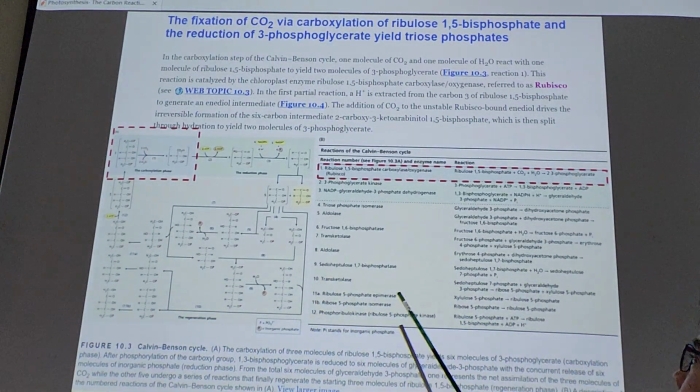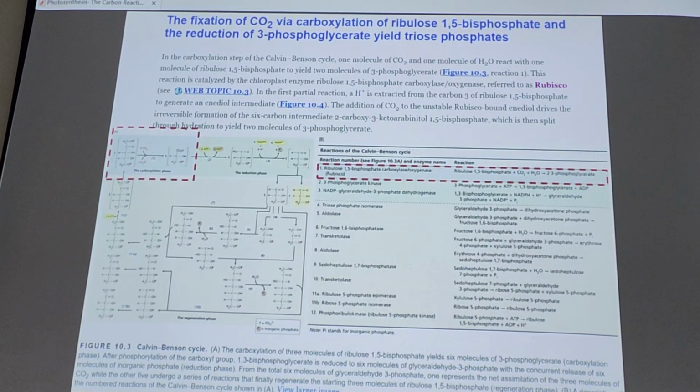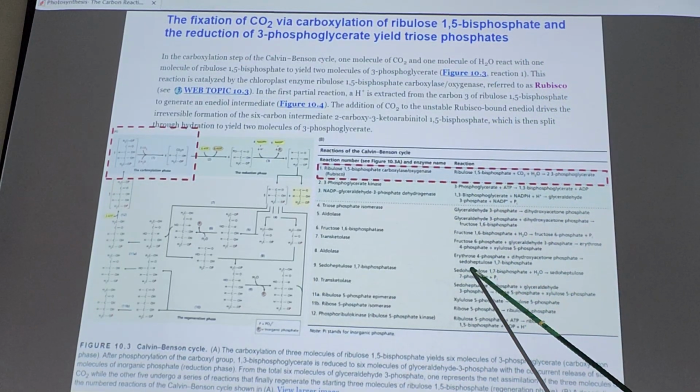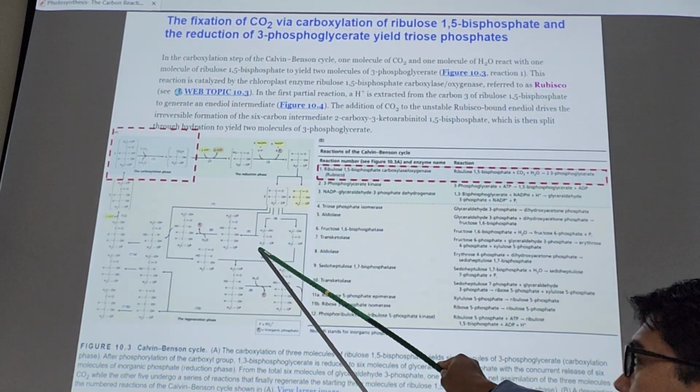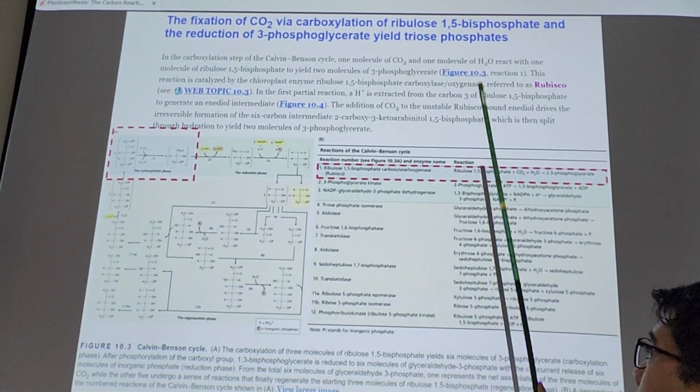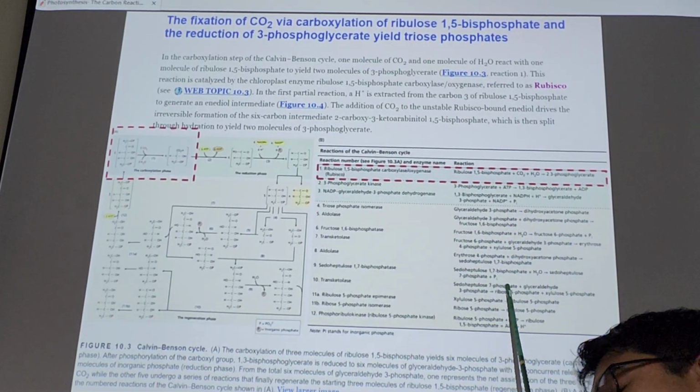Another way to look at it is just the summary, when you are interested in the reactants, the products, and also the enzymes responsible. The reason we are dealing with this, even though biochemistry students are very, very fond of this diagram, is because you learn physiology.